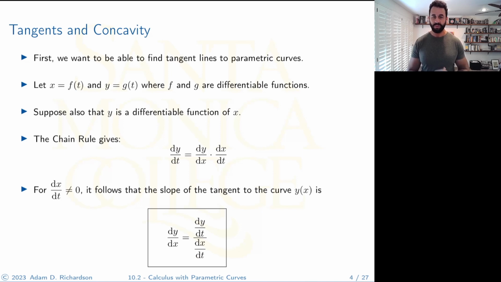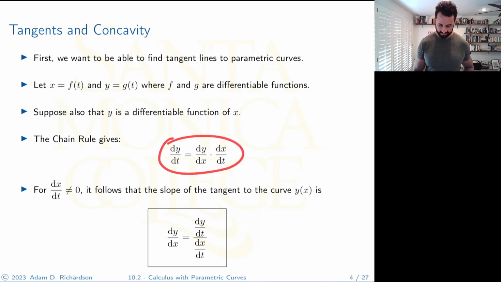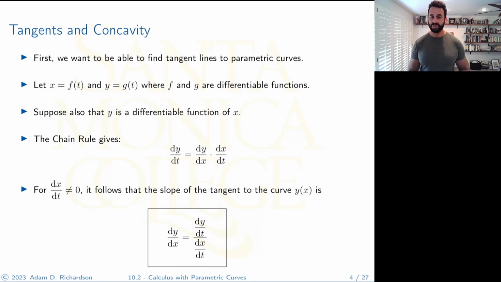But because y is also a differentiable function of x, the chain rule gives this result right here, that dy/dt is equal to dy/dx times dx/dt. That's just the chain rule. Now, as long as dx/dt is not equal to 0, we can divide both sides of this equation by dx/dt.